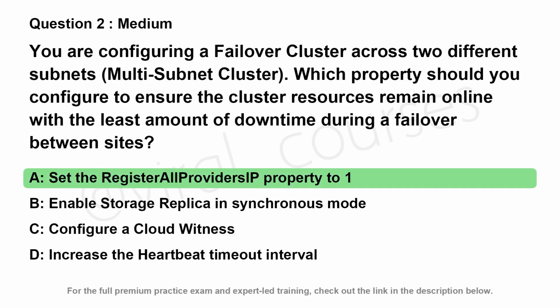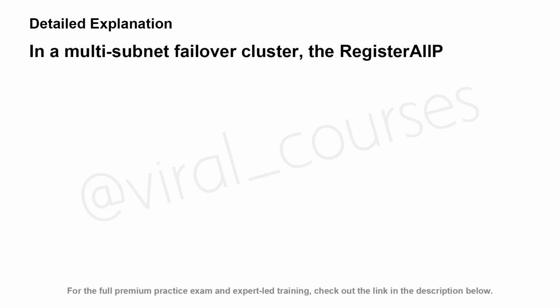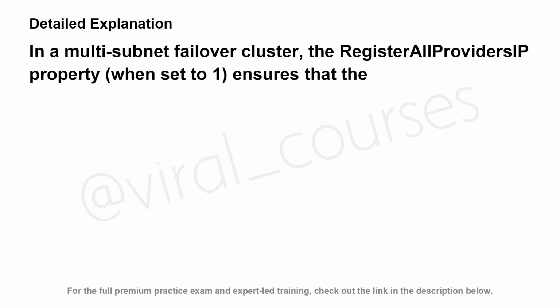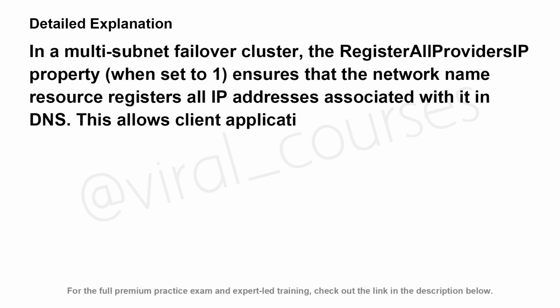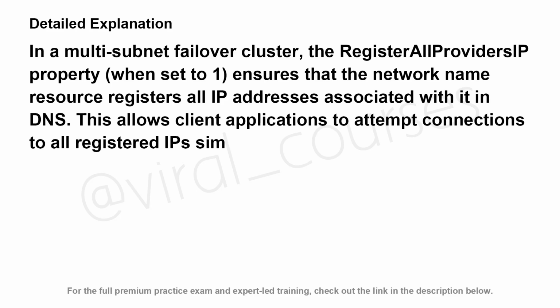The correct answer is A. In a multi-subnet failover cluster, the RegisterAllProvidersIP property, when set to 1, ensures that the network name resource registers all IP addresses associated with it in DNS. This allows client applications to attempt connections to all registered IPs simultaneously or sequentially.